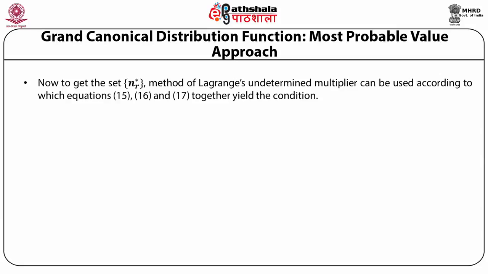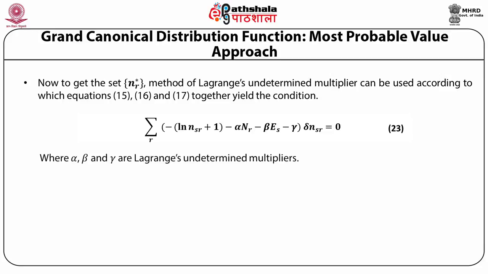Now to get the set N star SR, the method of Lagrange's undetermined multipliers can be used, according to which equations 15, 16 and 17 together yield the condition summation over S, R of minus log of N_SR plus 1 minus alpha N_R minus beta E_S minus gamma, the whole multiplied by delta N_SR, is equal to 0, where alpha, beta and gamma are Lagrange's undetermined multipliers.